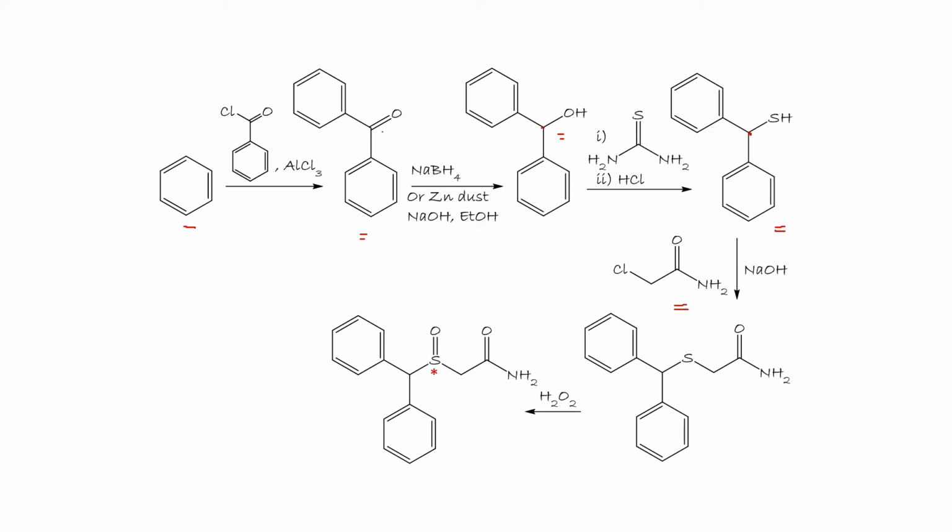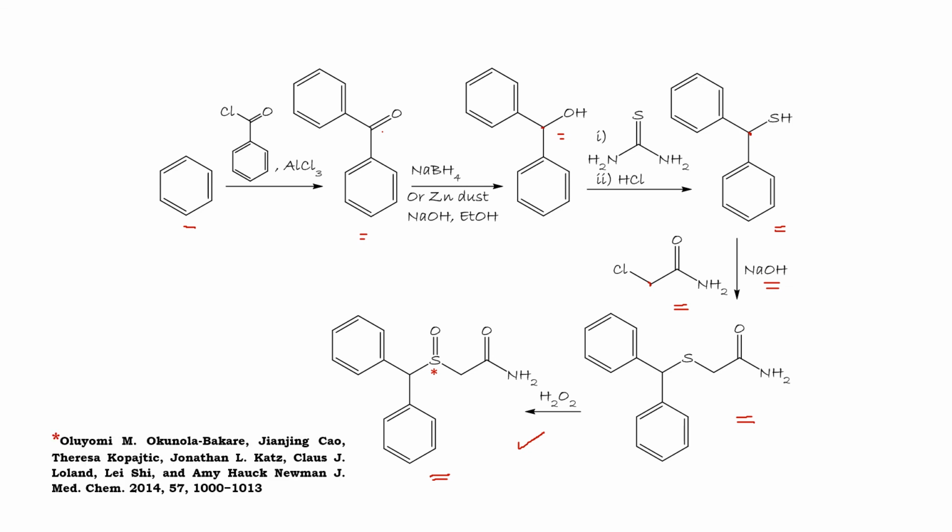Treating the thiol with 2-chloroacetamide in sodium hydroxide provided the thioether, then oxidize the thioether with hydrogen peroxide to the sulfoxide. This is our target molecule. We can find this procedure in Journal of Medicinal Chemistry 2014, volume 57, page 1000, and references cited therein.